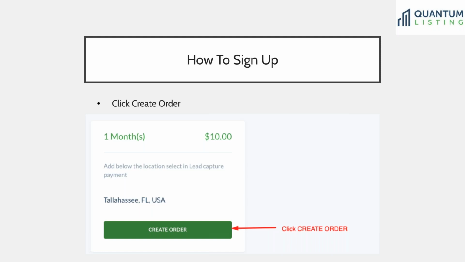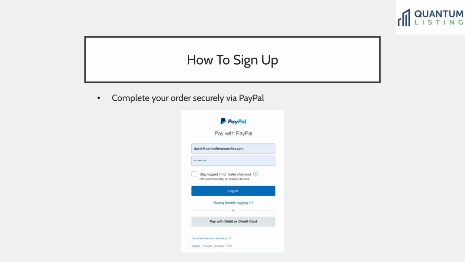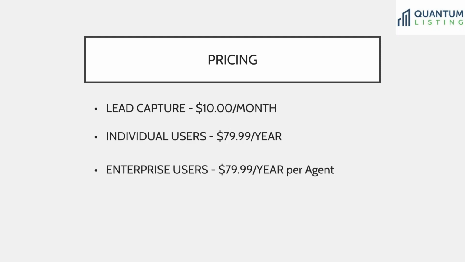We all spend more on coffee than that, probably. So really not a big investment. I'd say the odds of getting a deal from this are better than winning Mega Millions. So give it a try. And then, of course, here's that familiar PayPal window that will pop up after you've clicked Create an Order. So lead capture is currently priced at $10 a month.